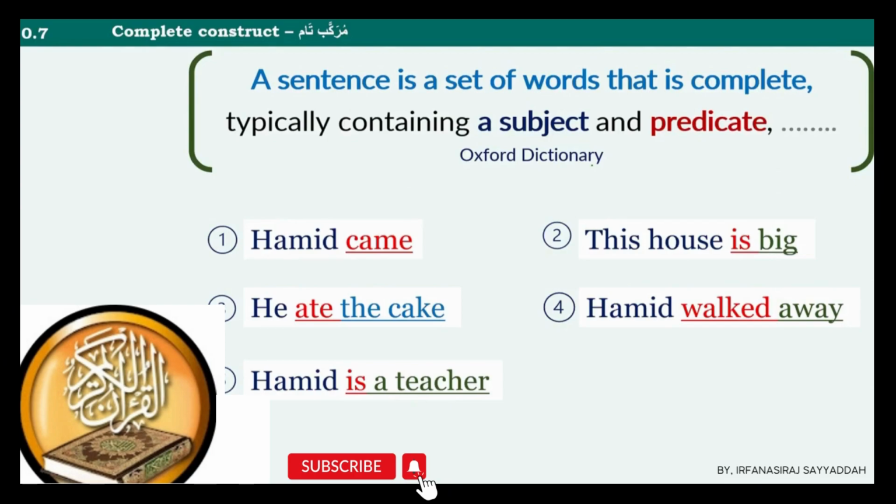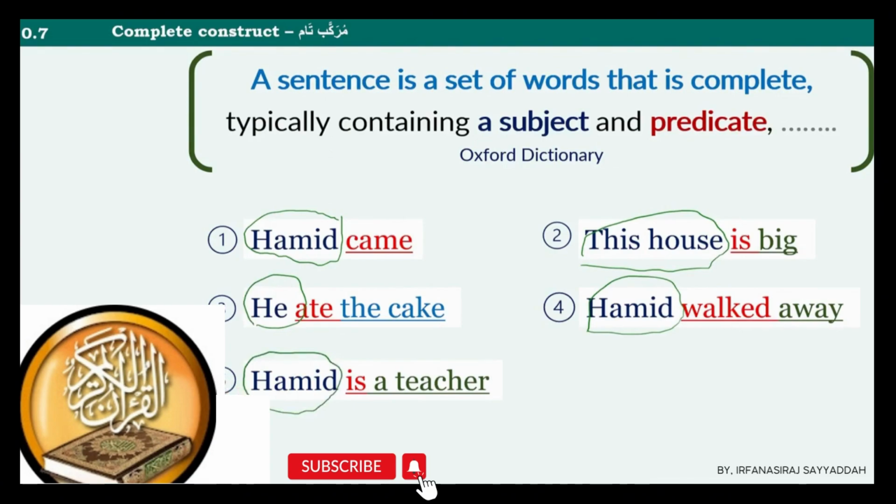In all of those sentences, the basic rule of the English language is that it has two parts, subject and predicate. Here, Hamid is your subject, this house is your subject, he is your subject, and Hamid again is your subject in the fifth example.